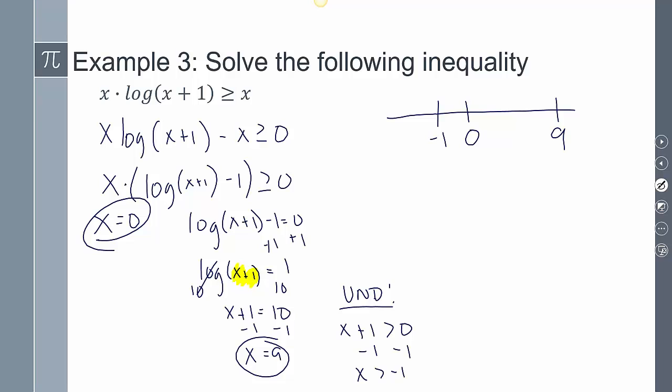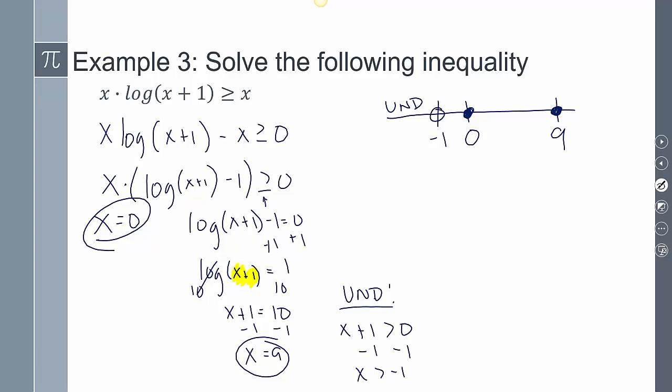So I also have an open circle here. And on top of that, all of this is undefined. Because all of that's undefined, I don't need to test any value there. And because these are equal to, I can make these solid circles.